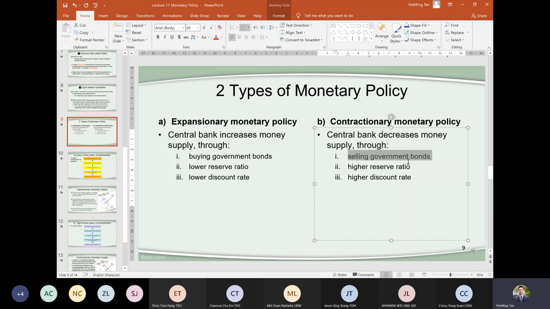Another tool is to increase the reserve ratio that has to be kept by the commercial bank. Next is to increase the discount rate that has to be paid by the commercial bank, so that this discourages the commercial bank from borrowing money from the central bank.